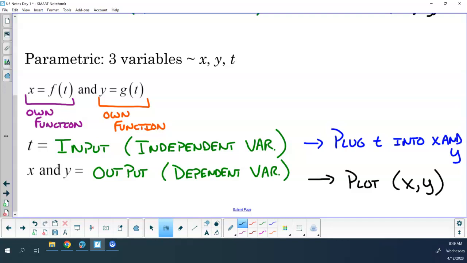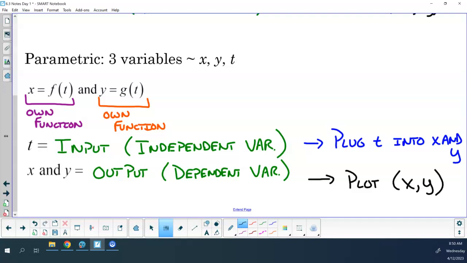So you've got to plug your t value into x, plug your t value into y. That gives you your output of x comma y that you can then plot on your Cartesian coordinate system.